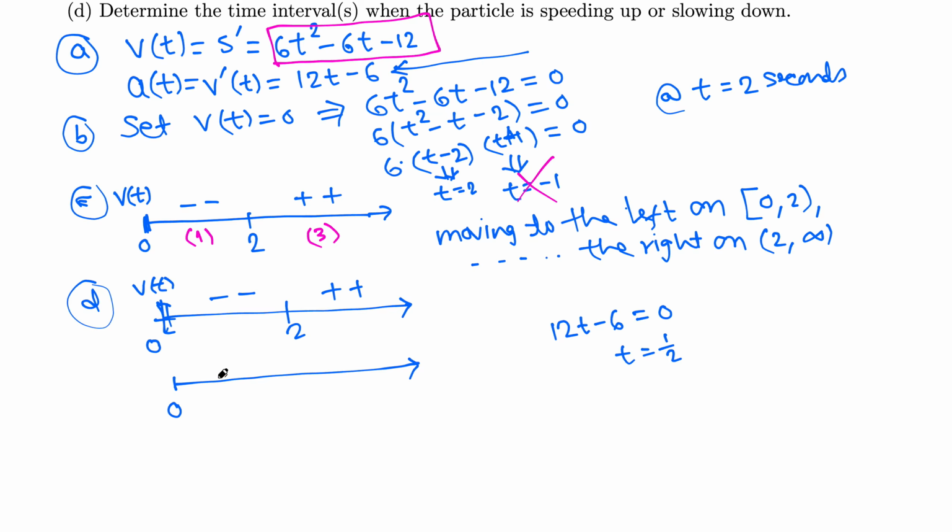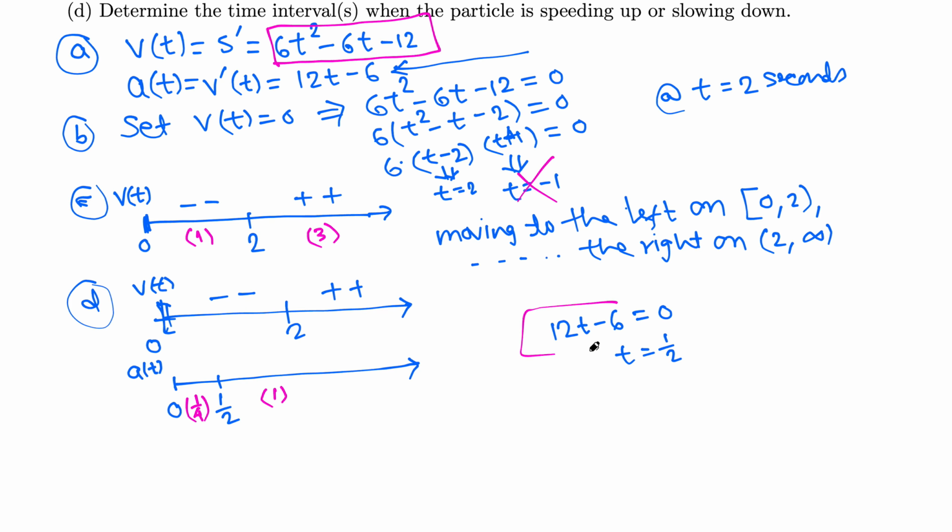This is 2, maybe 1/2 here. It's the only place. Okay, the acceleration is 0 at 1/2. So this is the sign for acceleration. Now we need to test two intervals, 0 to 1/2 and 1/2 all the way. We can pick a number between 0 and 1/2, maybe 1/4, and then we can pick 1.